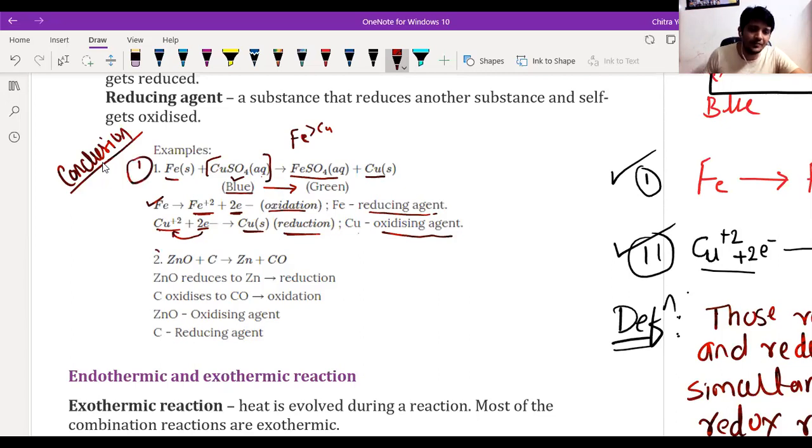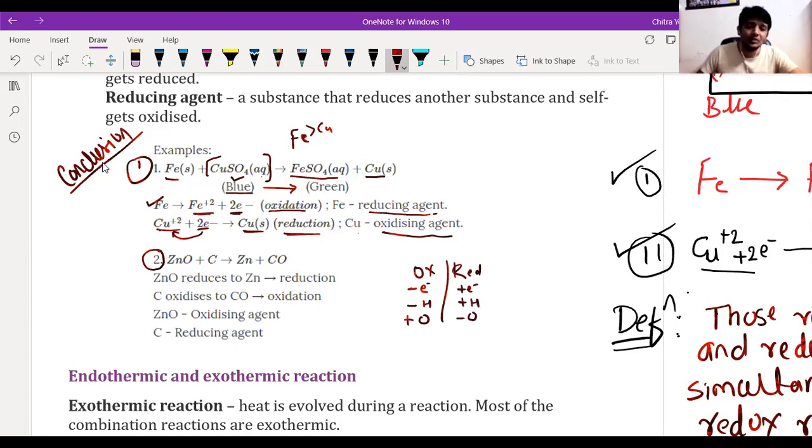Now the second reaction. In oxidation and reduction we have discussed that oxidation means loss of electron or loss of hydrogen or gain of oxygen, whereas reduction means gain of electron or gain of hydrogen or loss of oxygen.